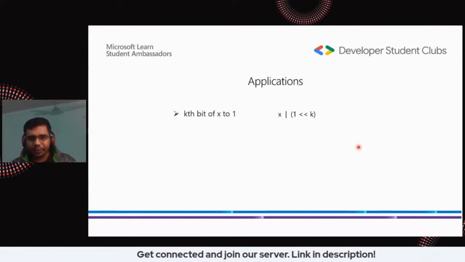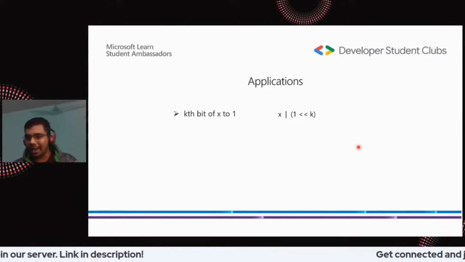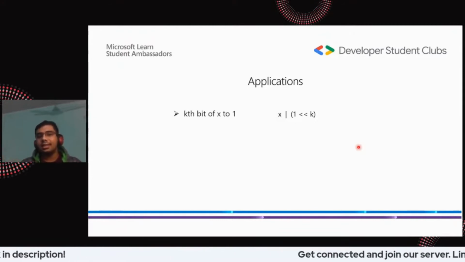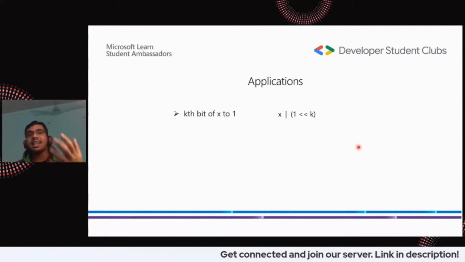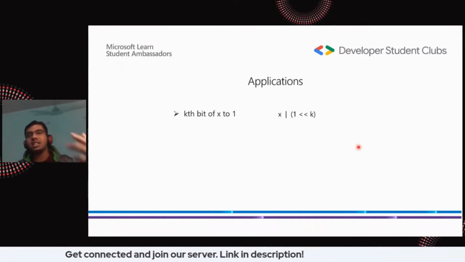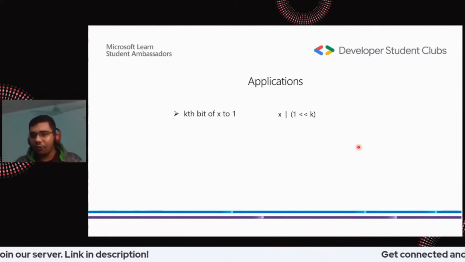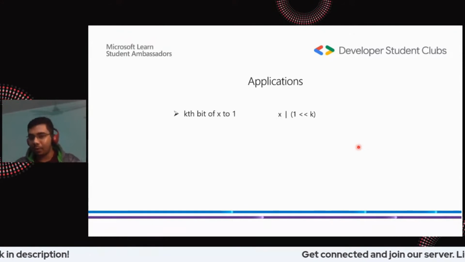So this formula would help you set the kth bit of the number x to 1. This is actually used in set bit, when you're trying to change the bit of a particular number to something else. This kind of formula would help you.